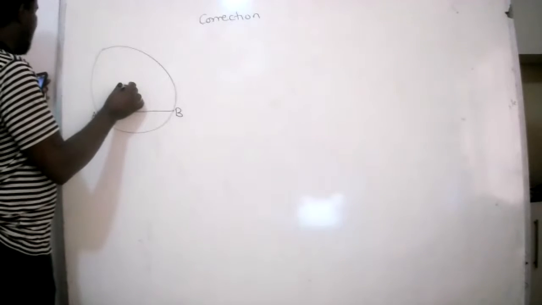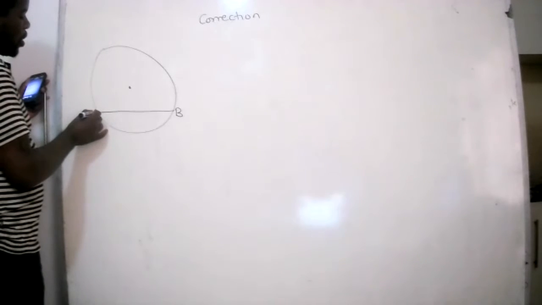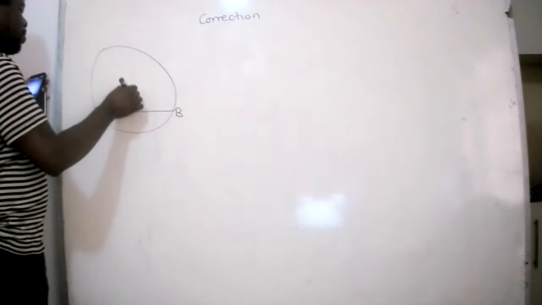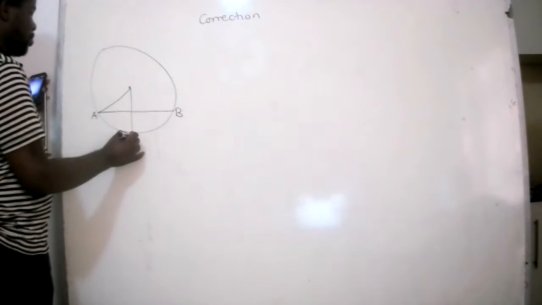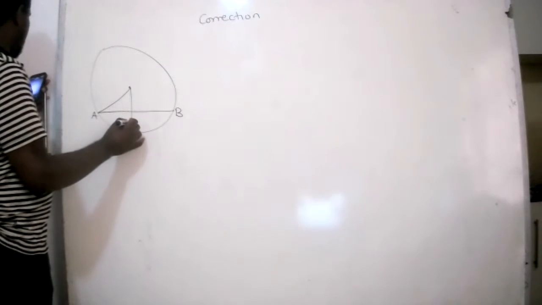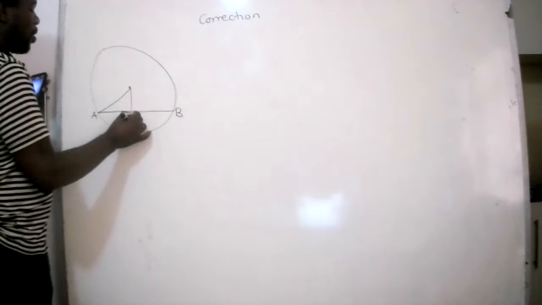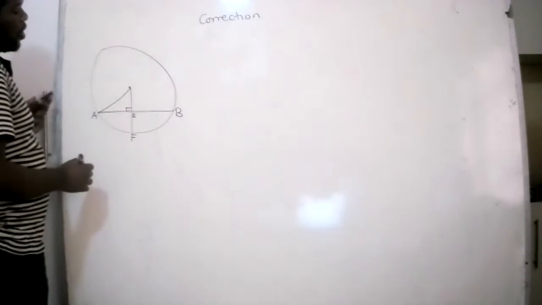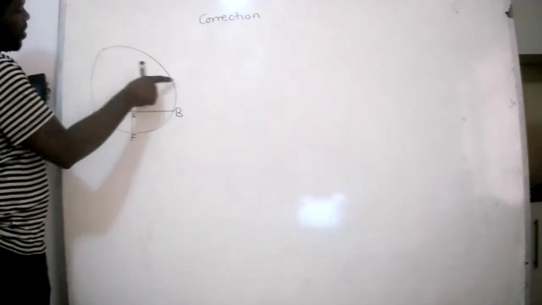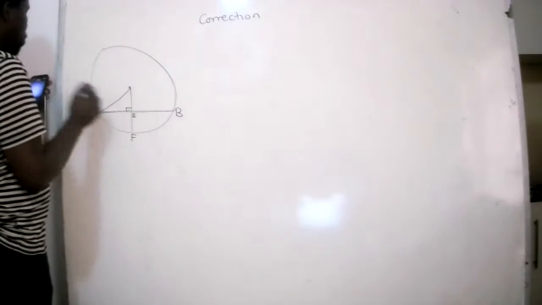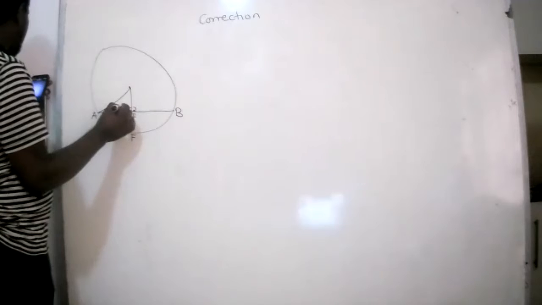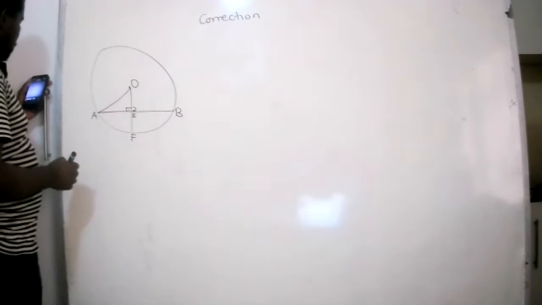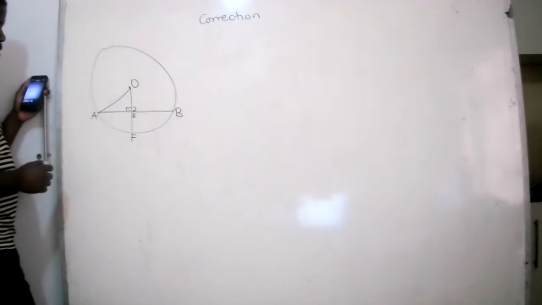If it was passing through the center of the circle, what was going to be the name of that line? It's a diameter. Yes, it was going to be a diameter.